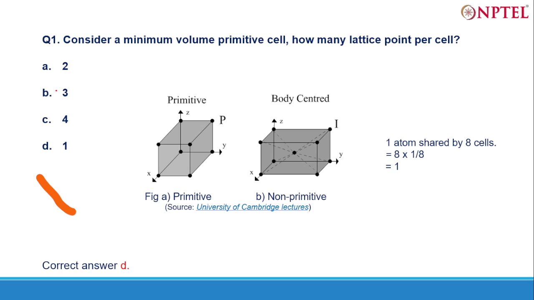Okay, and we have gone through this minimum volume primitive cell. So let me ask you a question. What happens if we replace the primitive cell with body centered cubic, BCC, or FCC?